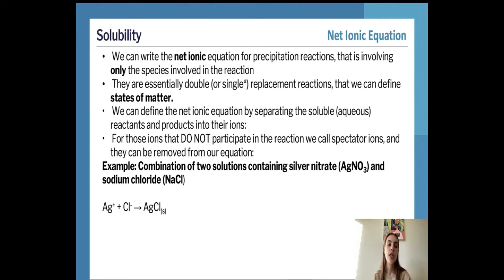However, we know the Ag+ ions, so the silver ions, and the Cl- ions, so the chloride ions, combine to form the silver chloride. And so the silver chloride, we know, forms a solid precipitate. Because it forms a solid precipitate, that is what's going to be included in the net ionic equation. So our net ionic equation will be Ag+ plus Cl- makes AgCl solid.